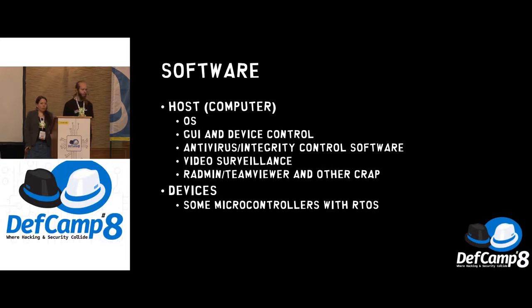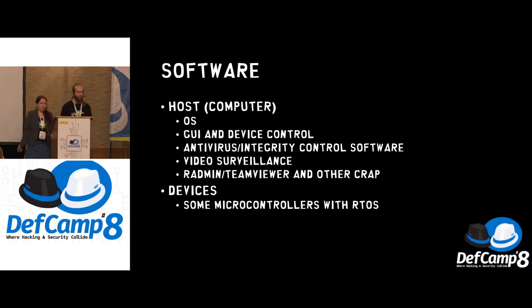There is also other stuff like antiviruses and video surveillance, and one of the most common things is that there is also some crappy software like remote admin and Acrobat Reader version 6. I don't know why, but there is lots of software which might be used by an attacker to open the door.